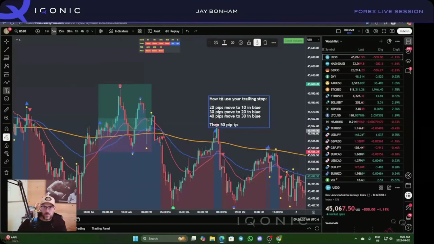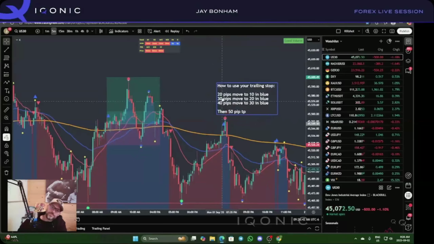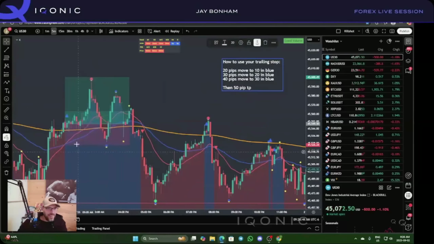You can see if we did this, even with all these trades in here, here we go. Okay, so what we're going to do, this is going to be our stop loss.